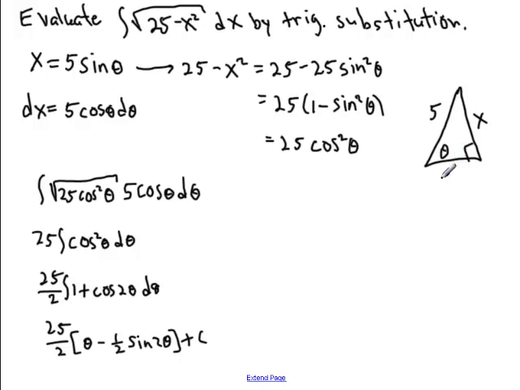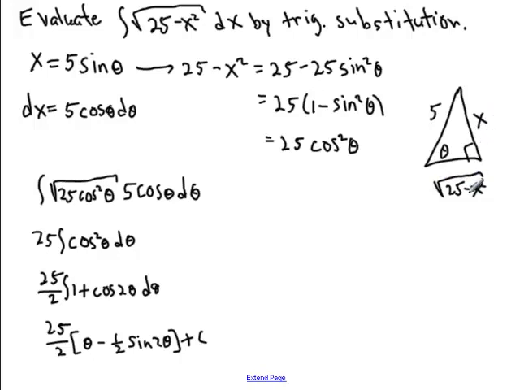Now from the Pythagorean theorem, it's easy to find the missing leg. It's the square root of 25 minus x squared. And of course, if you square this, you get 25 minus x squared. Square this, you get another x squared.